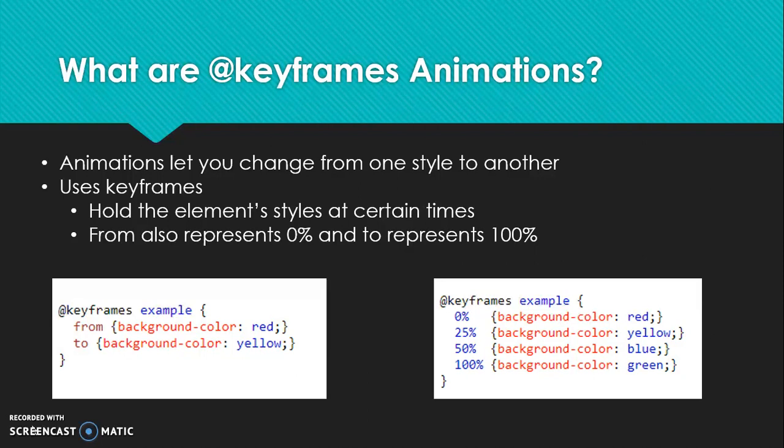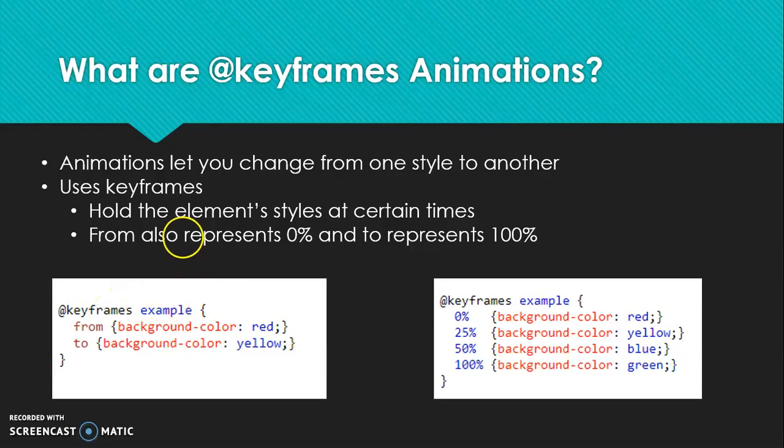In order to use CSS animations, you first have to specify the keyframes for the animation. We can see here that I have two examples. The first one uses from and to on the left-hand side. From is the equivalent of 0%, or the very start of the animation, and to is the equivalent of 100%, or the very end of the animation.